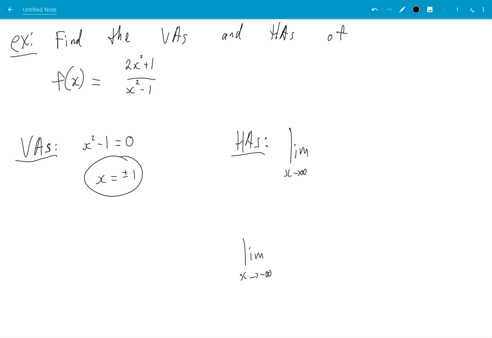Because if you think about it, when x goes to infinity, what I'm asking is, what's happening to my graph when I go way to the right on my xy plane? And for x goes to minus infinity, what I'm asking with this limit is what's happening to my graph when I go way to the left? Am I approaching something?